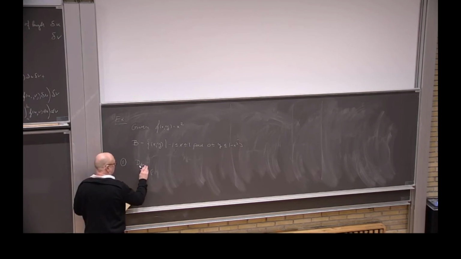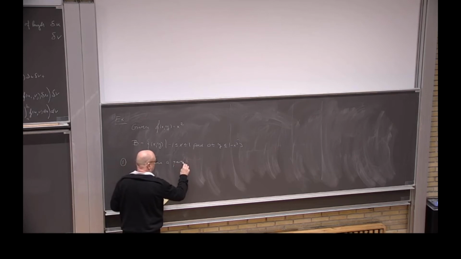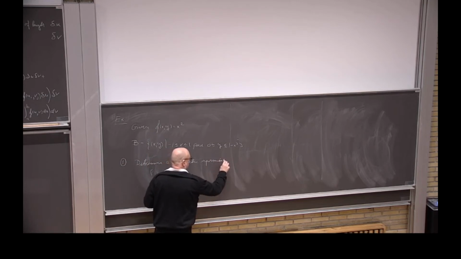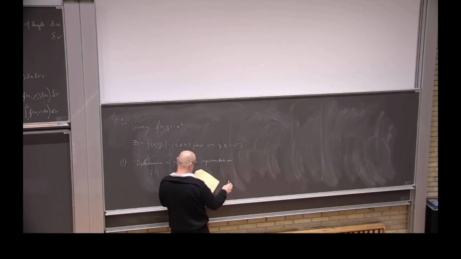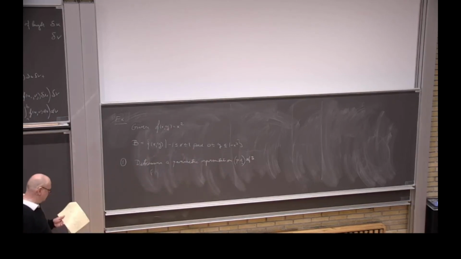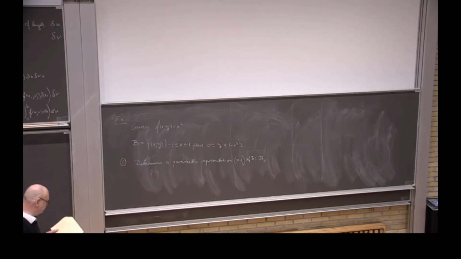I'm going to determine a parametric representation of V. In what follows, I will use this abbreviation, parametric representation of V, and this is termed V with an index R, where R is the coordinate or the vector of the parametric representation.